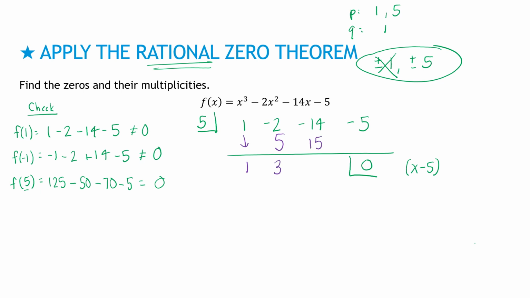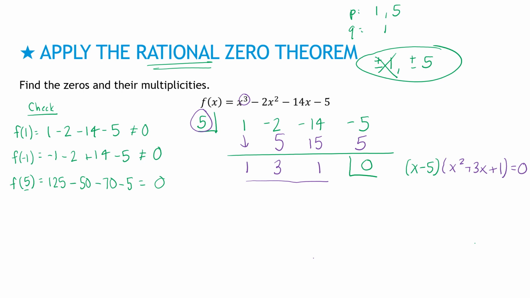Multiply, add, multiply, add. So what I have now is x minus 5, which came from here, and what's left over here, which starts at x squared, one less than this. So x squared plus 3x plus 1 equals 0.